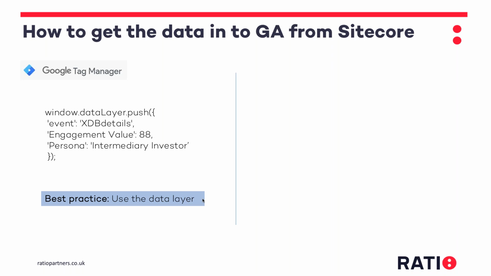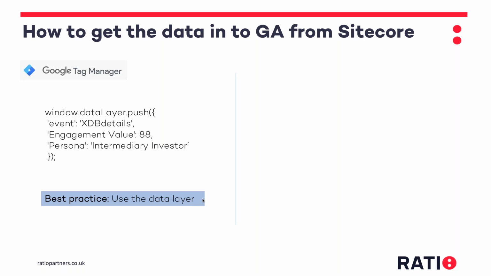When a visitor loads a page, a data layer is an invisible container of information sitting in the HTML of that page. The user can't see that information within the visual layout of the page, but it's there nonetheless. And Google Tag Manager can examine that data layer, listen for changes to it, things that are being added or removed, so new information or information that's being taken out of the data layer.